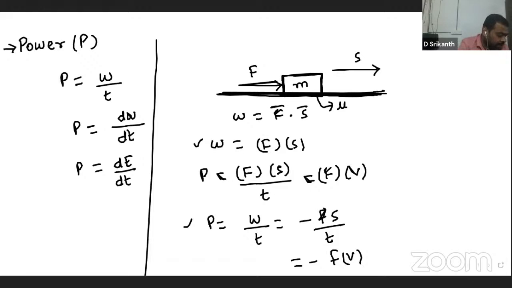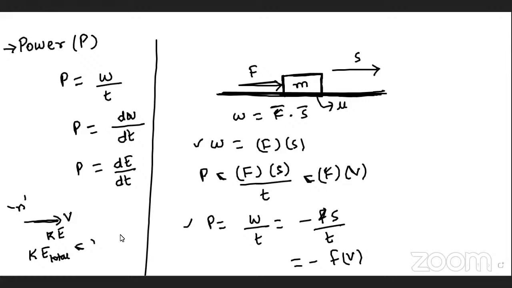The power of a machine gun firing bullets of mass m with a velocity v. Whenever we fire the gun, bullets will move with a velocity v. Then each bullet will have kinetic energy. I'm having n number of bullets. So the total kinetic energy will be n times the kinetic energy of each bullet.